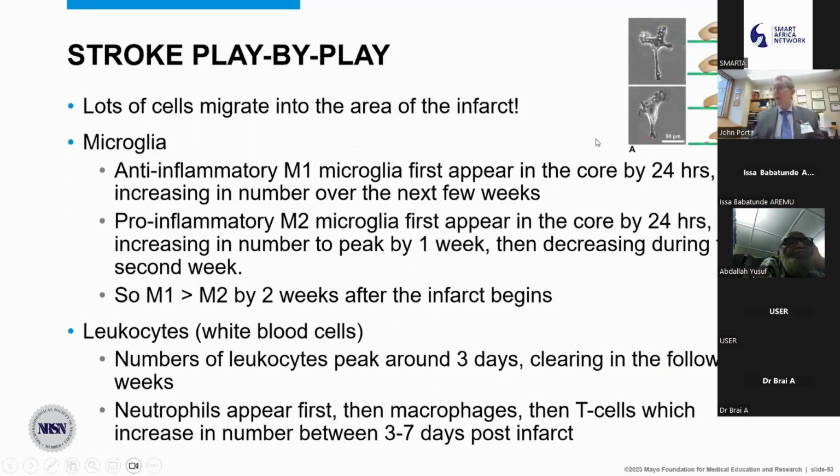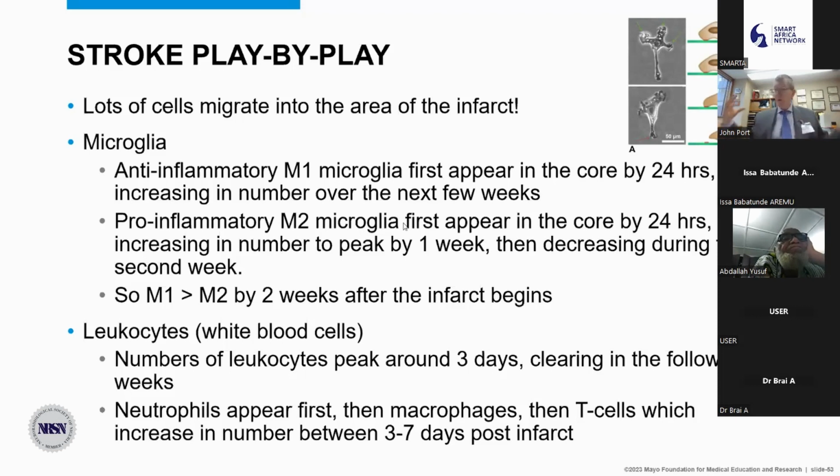Lots of cells migrate in using this mechanism. So the microglia from surrounding brain areas will activate and they will migrate in. These cells are very good at moving and they put out a process and then they pull themselves forward with it. There are loosely two types of microglia, the M1, which are anti-inflammatory, and the M2, which are pro-inflammatory.